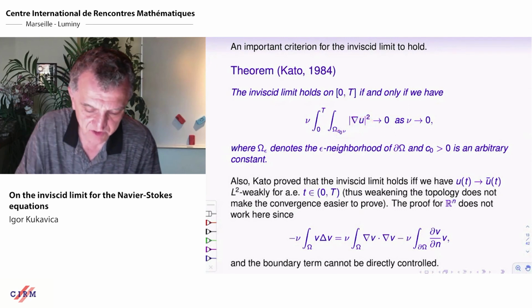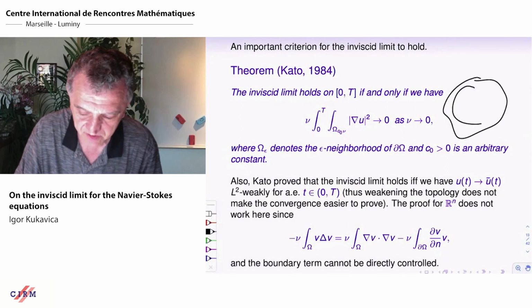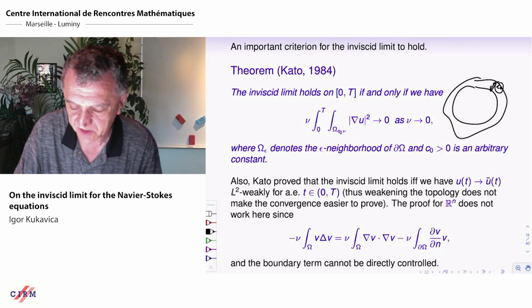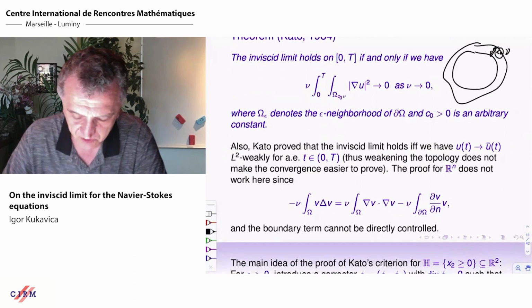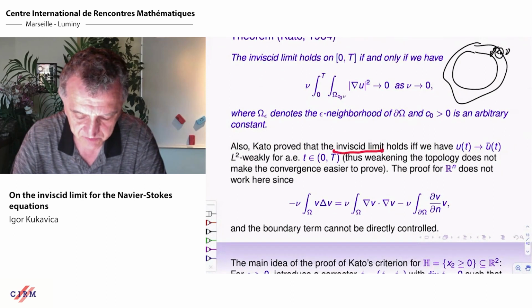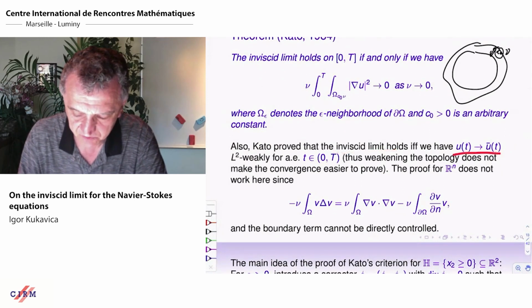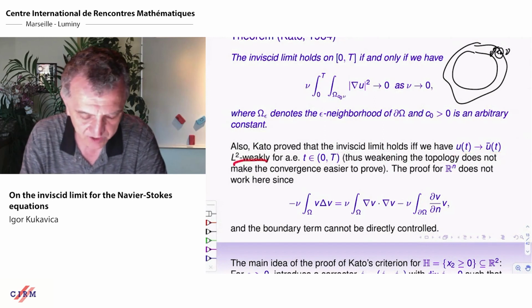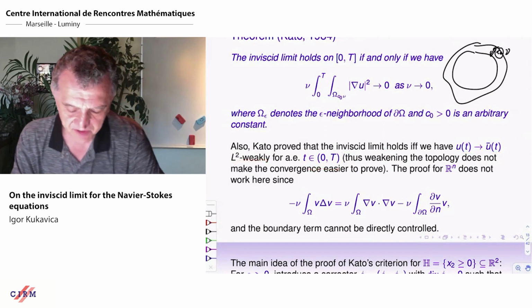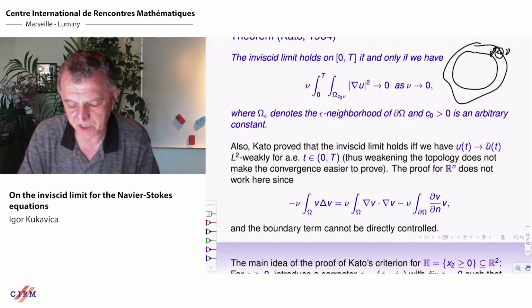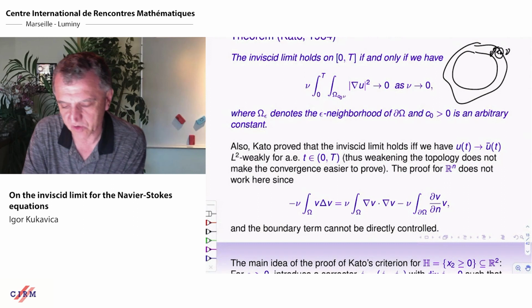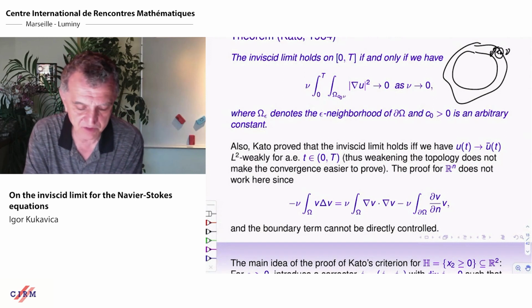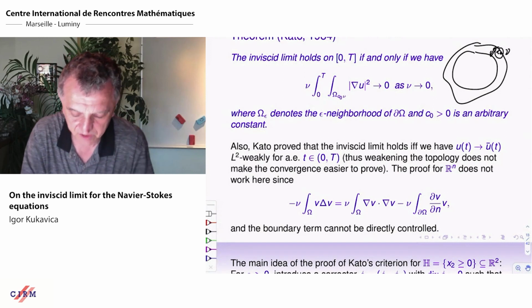The size of the neighborhood is small, a constant, which you can take as small as you wish, times ν. He also proved that the inviscid limit holds if and only if u converges to u bar weakly for every individual t. So weakening the topology does not help with the convergence. It holds uniformly if and only if it converges weakly, which is kind of easy to verify.